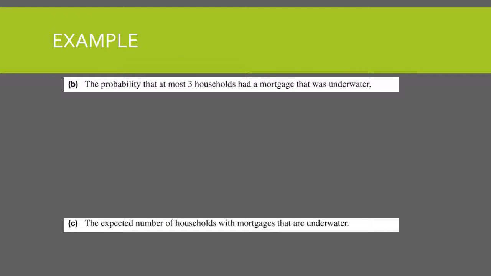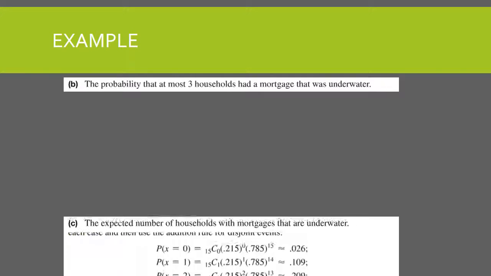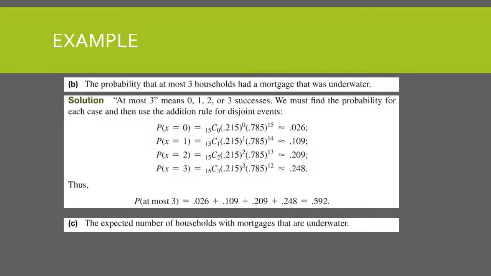Now try these parts. Find the probability that at most 3 households had a mortgage underwater, and then finally find the expected number of households with mortgages that are underwater. Pause the recording, give these a try, and resume to check your answer. Okay, at most 3 means 0, 1, 2, or 3, and really the only way to do this is just to find them and add them up.